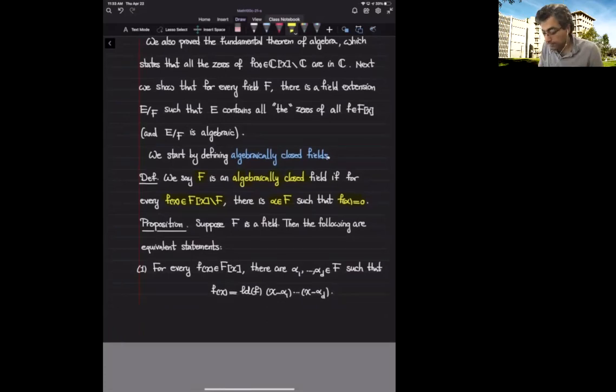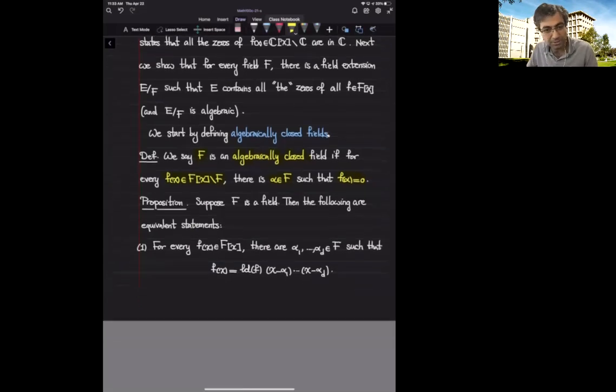Now we want to see different forms of the same property. For instance, one way of saying that a field is algebraically closed is saying that every polynomial can be decomposed into linear factors in F[x].